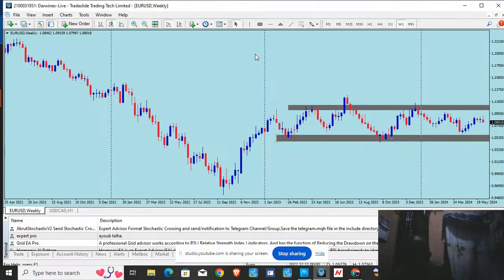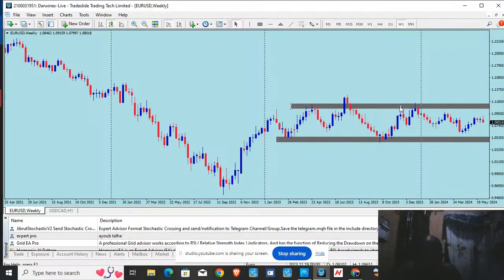If I go to my weekly now, let me check. I can just chop them a little and adjust them. Then here I can see that I have something. This is an adjustment. I will pick the rectangle again.